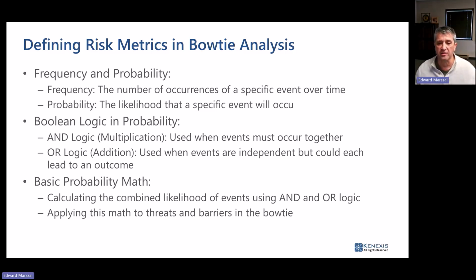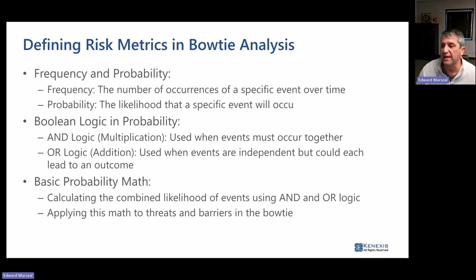So for a logical and, we use probability multiplication, and that's when the events have to occur simultaneously together in order to get the outcome of interest. A logical or is when events are independent of each other but could lead to the outcome of interest.